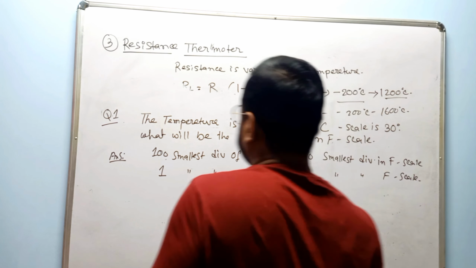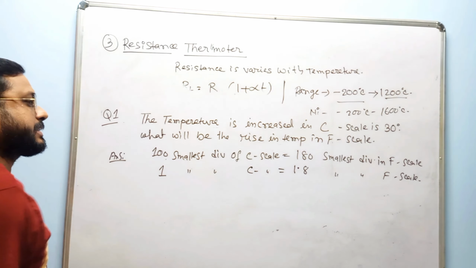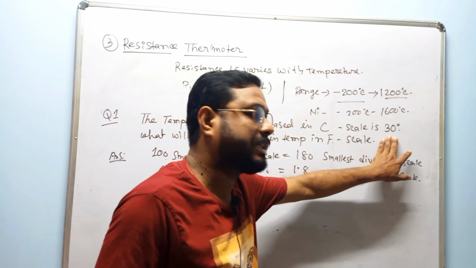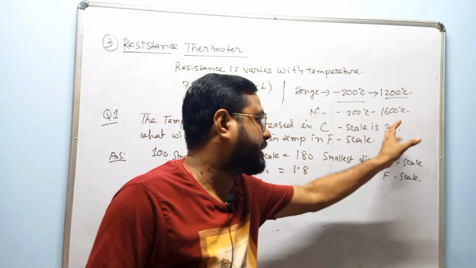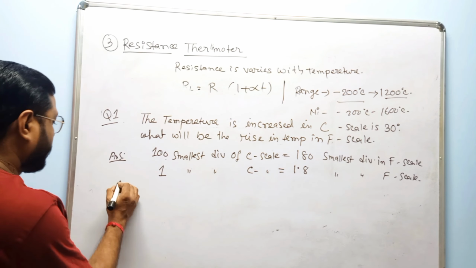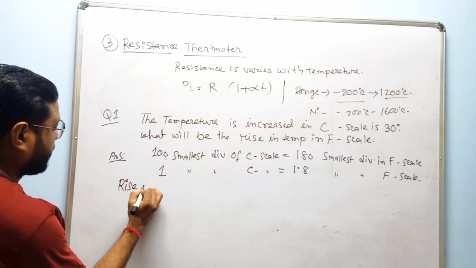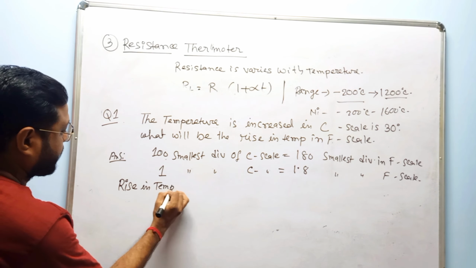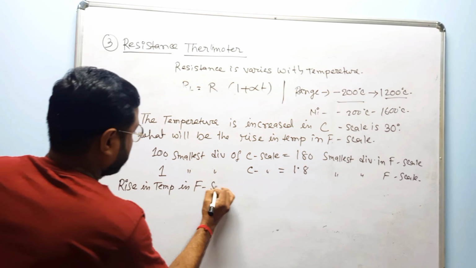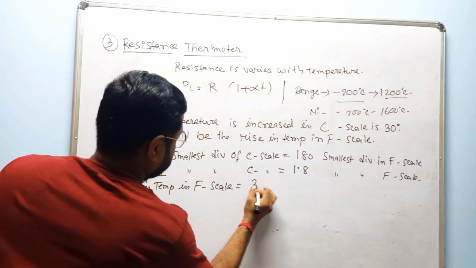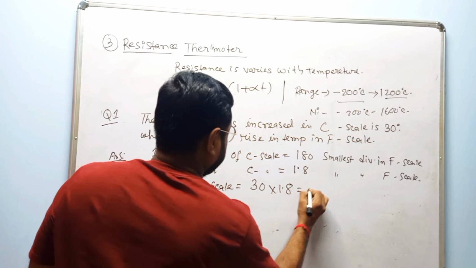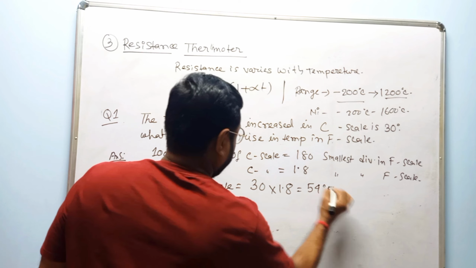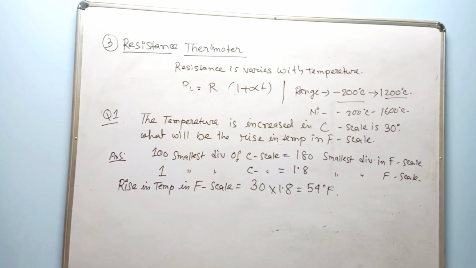So the rise in temperature in Fahrenheit scale will be the value of centigrade scale multiplied by 1.8, that is 54 degree Fahrenheit.